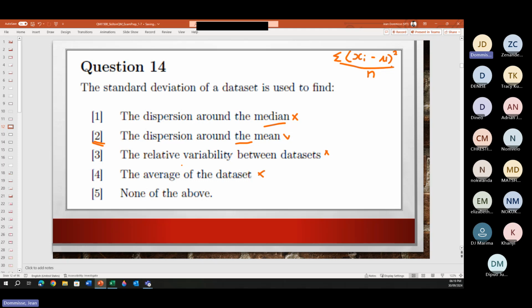So again, there will be more later on that we will look at, but this was basically chapter 5, the collection of data, so the sampling methods.